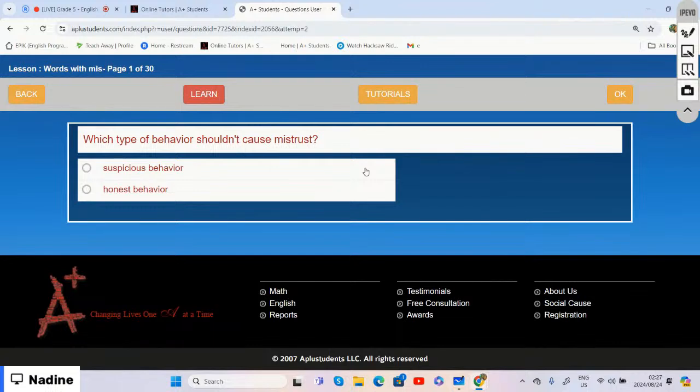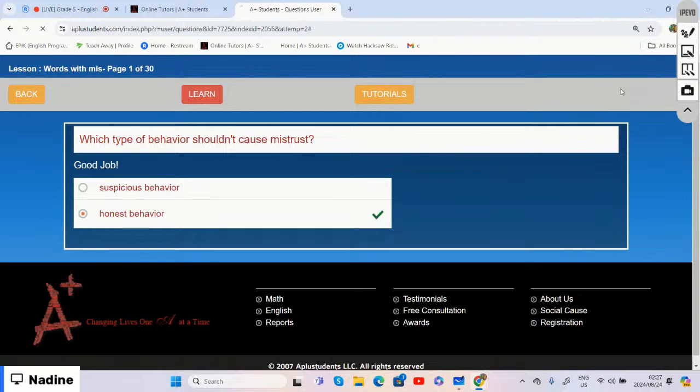All right. So which type of behavior should not cause mistrust? So if you're being honest, then it will not cause any mistrust.